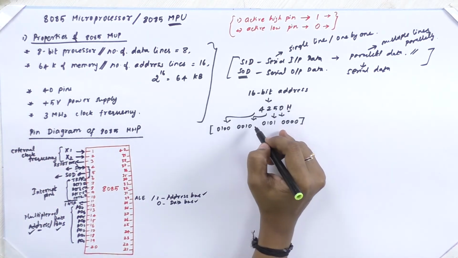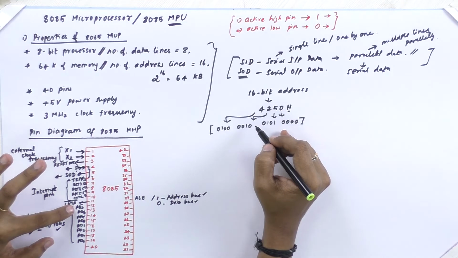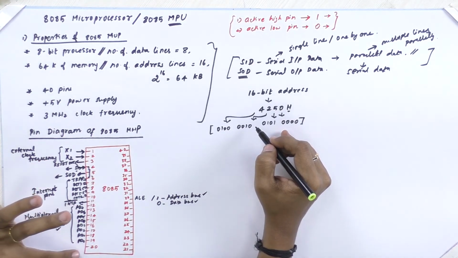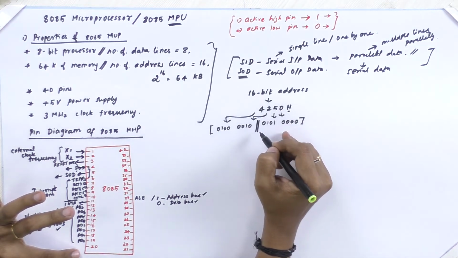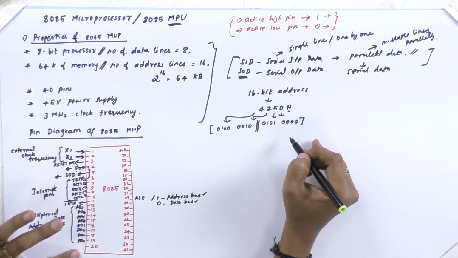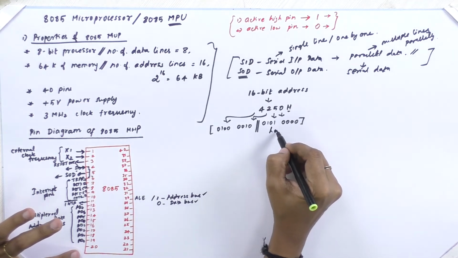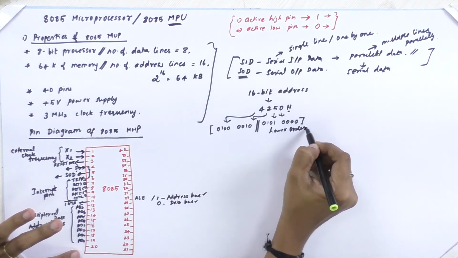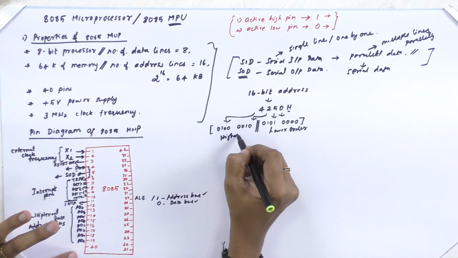It means that the pins are AD7 to AD0, so we have to split this 16-bit address into two parts: lower order address and higher order address.